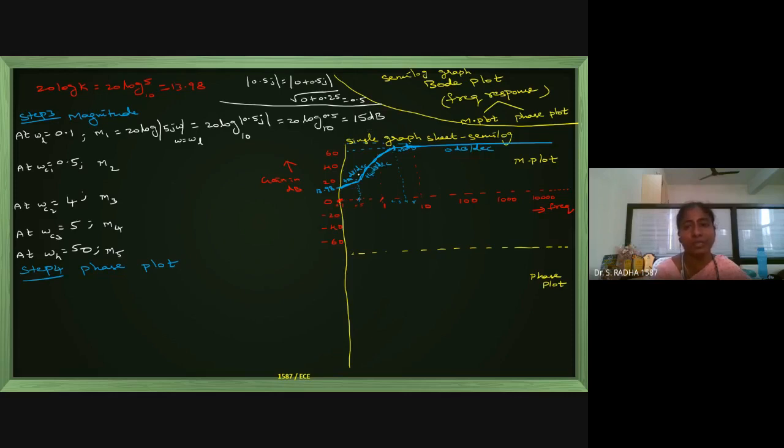Okay, this 15 should come here, because you have proceeded with plus 20 dB per decade, because the integral factor is there. From 13.98, it will reach 15 dB. Y-axis value 15 dB. Okay. Understood? Any doubts up to here? Kindly ask me. Any doubts, please?